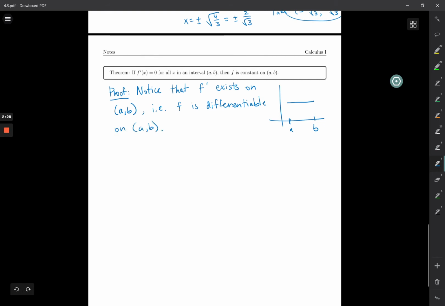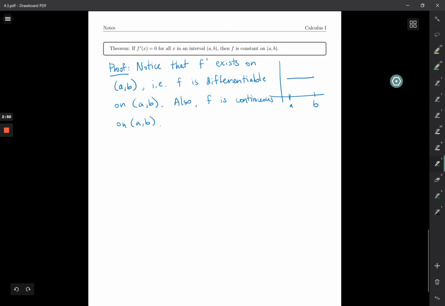And then we also know that at every point where f is differentiable, it has to be continuous, right? So also f is continuous on a to b, because it has to be continuous at every point where it is differentiable.